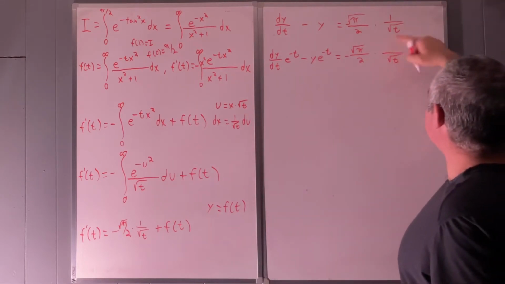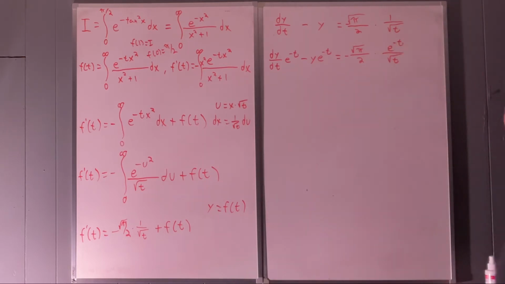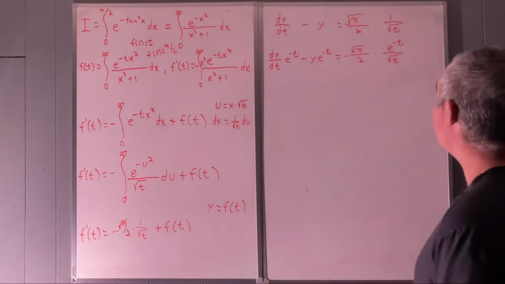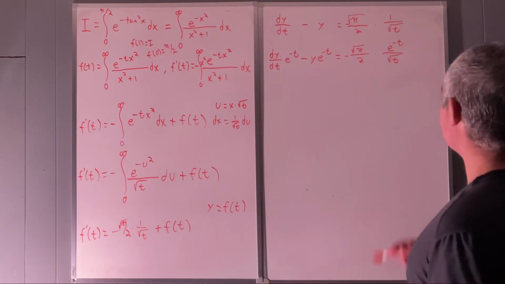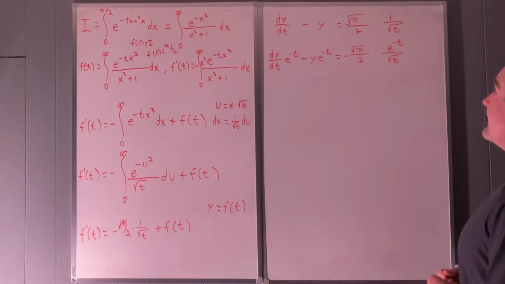My bad. We have to multiply this side by e to the negative t as well. So we haven't changed the equation. All we did was multiply both sides by e to the negative t, and it's valid always because e to the negative t will never be 0.